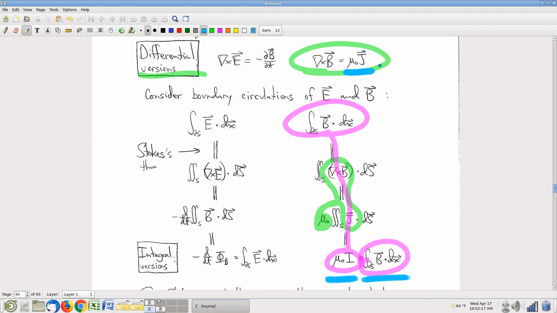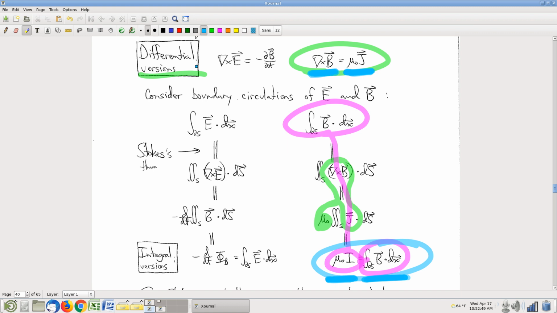So current density and circulation density. Sorry, I said that wrong. Let me say it right. I had my wires crossed. This is about current and circulation. This is about current density and circulation density. Oriented densities, of course.